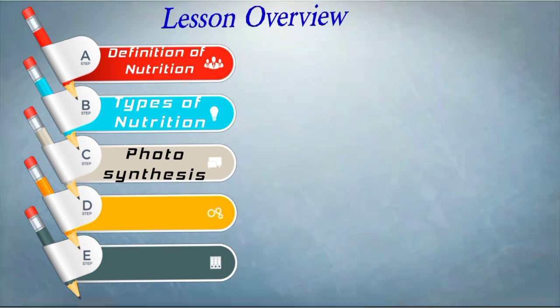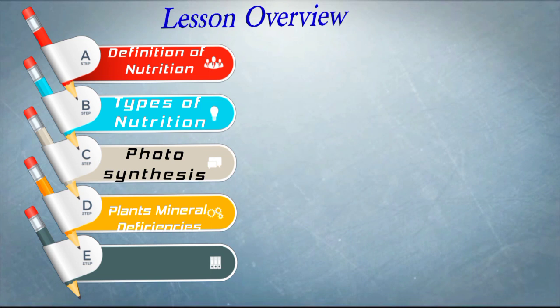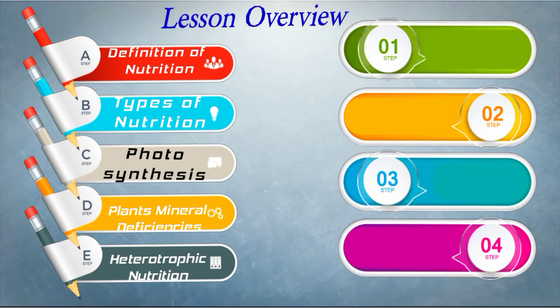After that, we'll look at experiments on the effect of mineral deficiencies in plants, especially deficiencies in nitrogen, phosphorus, and potassium. Later on, we'll look at heterotrophic nutrition, focusing on holozoic nutrition.